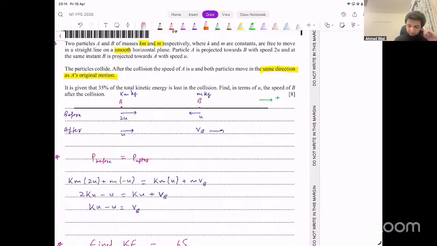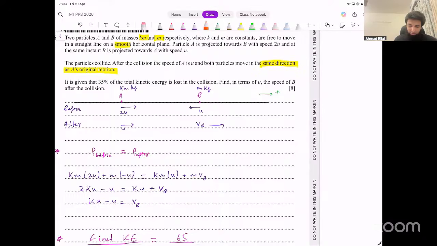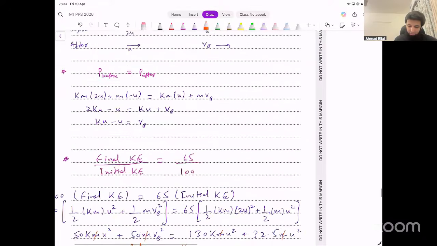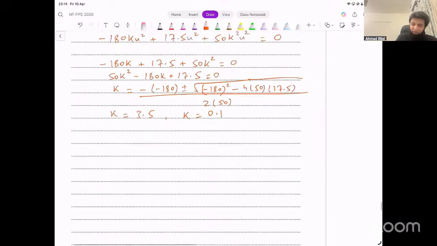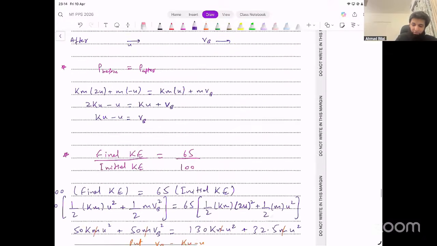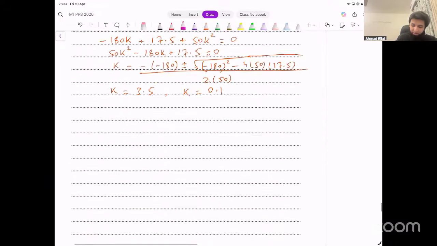Masses are K and M respectively. They're moving on a straight line. Okay, so these are two possible values of K that we're getting. Now let's input them back there.